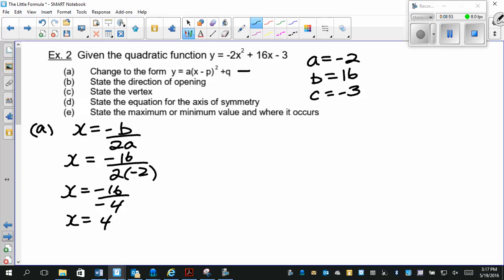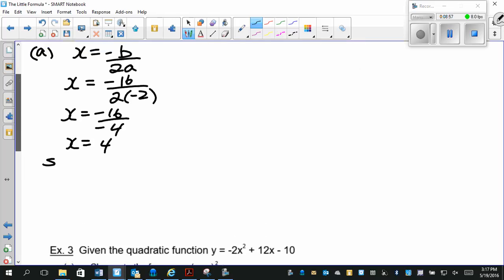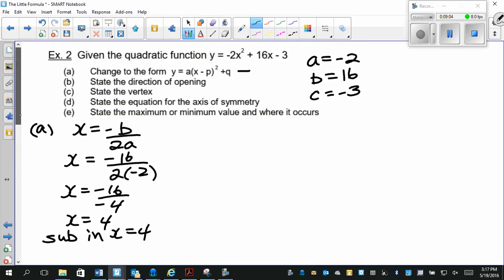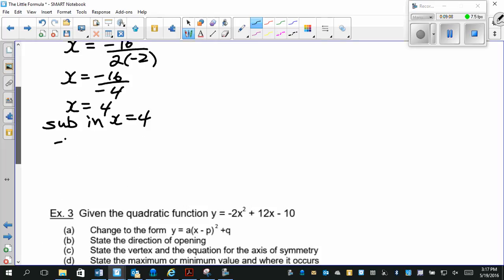Okay, so we'll sub in x equals 4 in our equation there, minus 2x squared plus 16x minus 3. Oh, sorry, that's a plus 16 and a minus 3. Mixed up my signs there, that's not good.